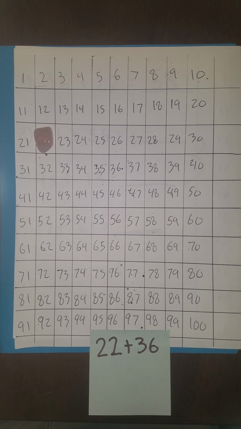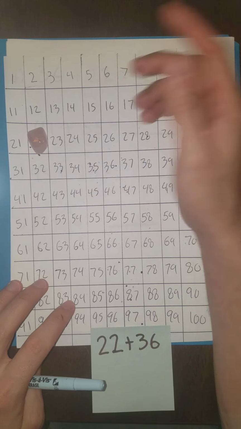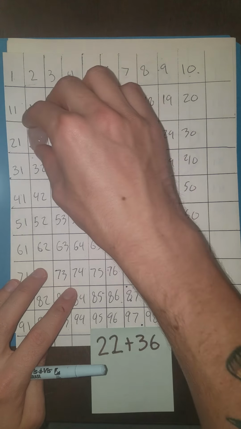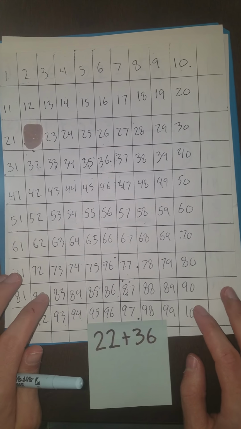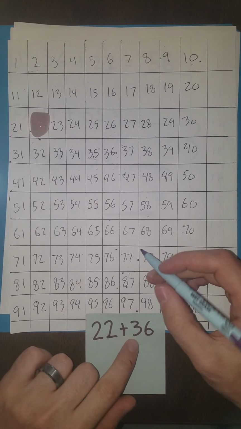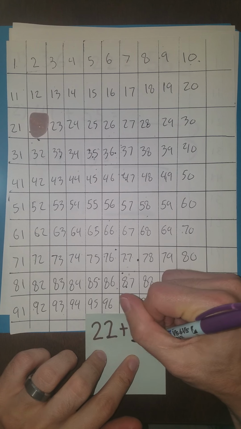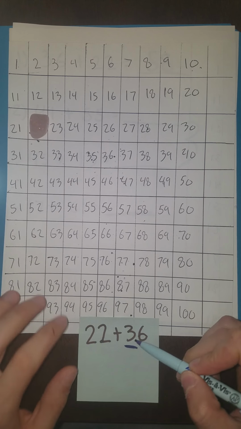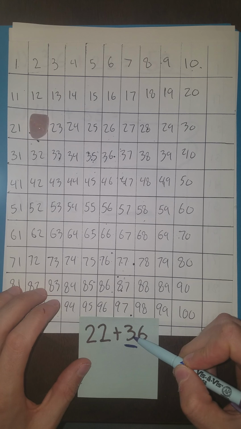Now we could take 36 ones hops, right? 1, 2, 3, 4, 5, but that would take a really long time. Now a quicker way that we could do that is because the number in the tens place is going to have a different value than just 3.